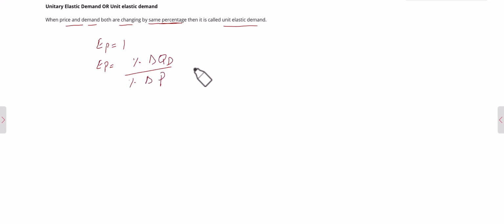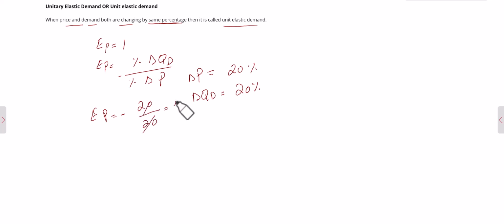So for example, let's say the change in price is 20% and change in quantity demand is also 20%. So when we put these values in the elasticity formula, elasticity of price is equal to 20 divided by 20 and it will give us 1. So in case of a unit elastic demand, elasticity of price is always 1.